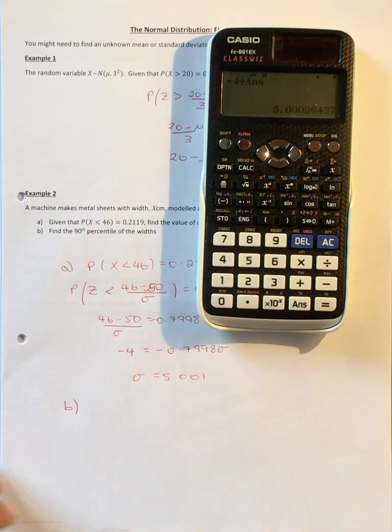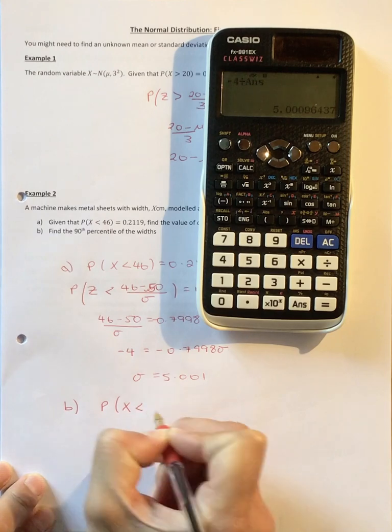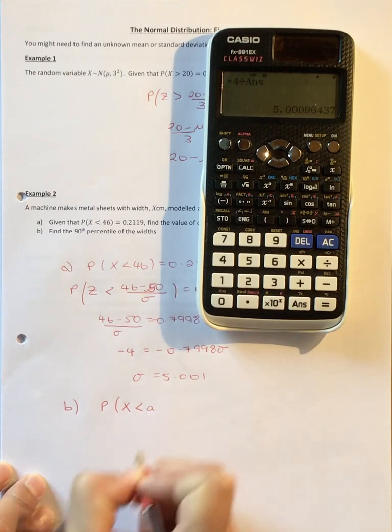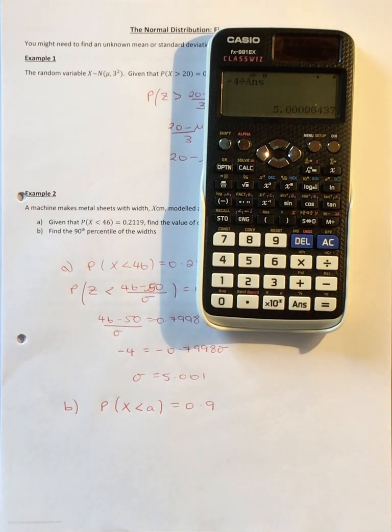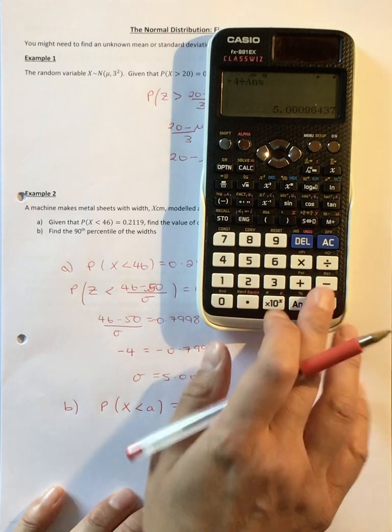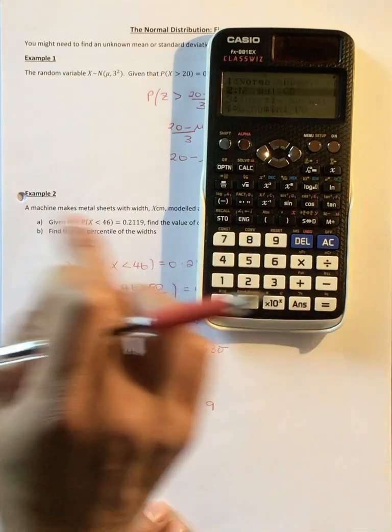In part B, we want to find the 90th percentile of the width. So that means we're looking for the probability that x is less than that percentile, let's call that number A, is 90%, or 0.9. And we now know our mean and our standard deviation, so we can just work that out using our inverse normal function.